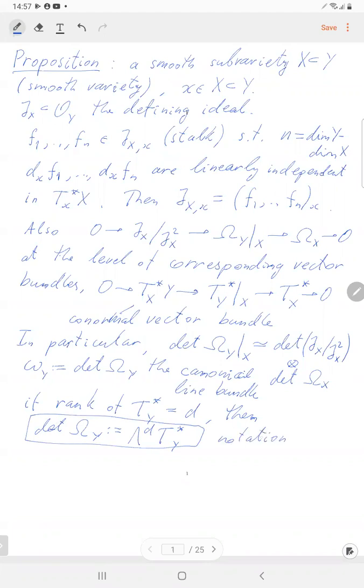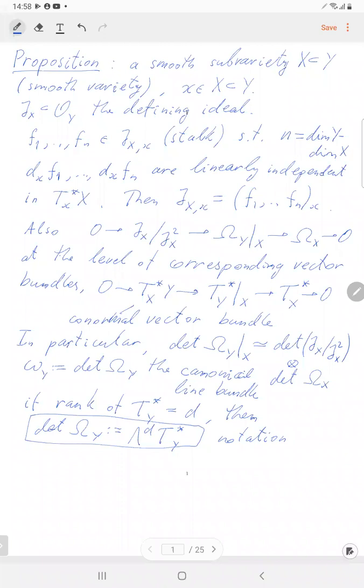It is etymologically related with determinants of matrices. If you have a matrix which defines a local endomorphism of this vector bundle, then it induces a local endomorphism of its top exterior power. Since the top exterior power is an invertible line bundle, its endomorphism locally is given by multiplication by a function, and this function is the determinant of the matrix giving an endomorphism of the vector bundle we started with.